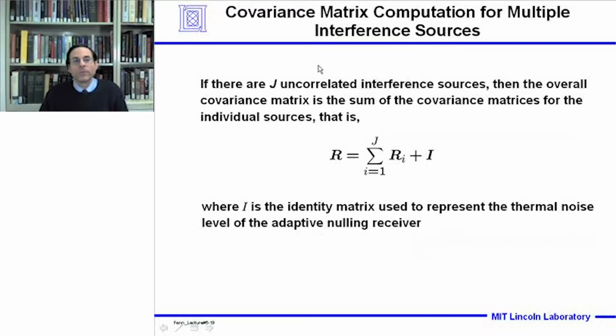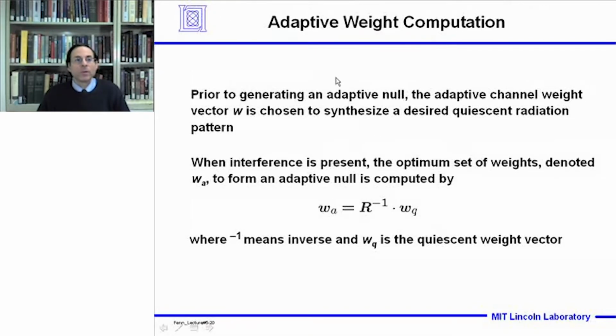If there are multiple interference sources and they're uncorrelated, we can simply sum up the covariance matrices for the individual sources as shown here. If there are j uncorrelated sources, we sum up the covariance matrices and add in the identity matrix to represent thermal noise for the adaptive nulling receiver. The adaptive array weight computation is done as follows.